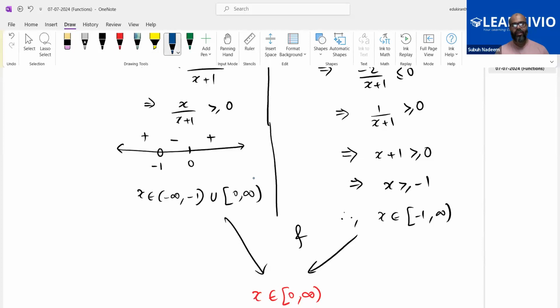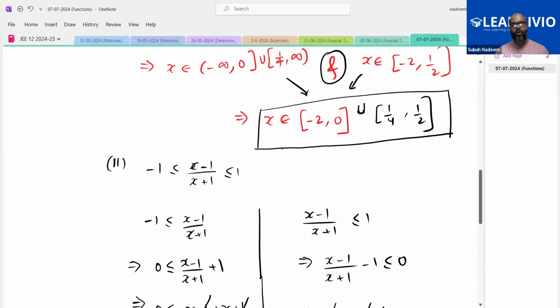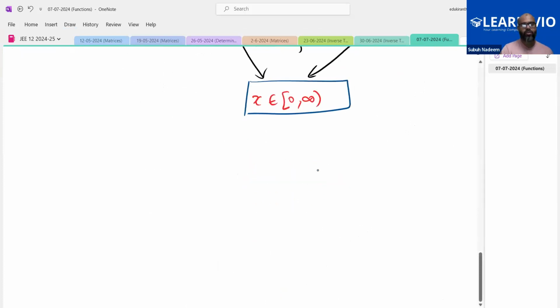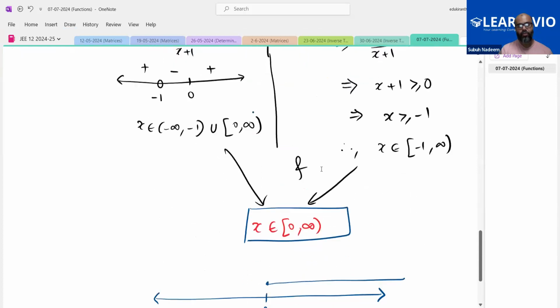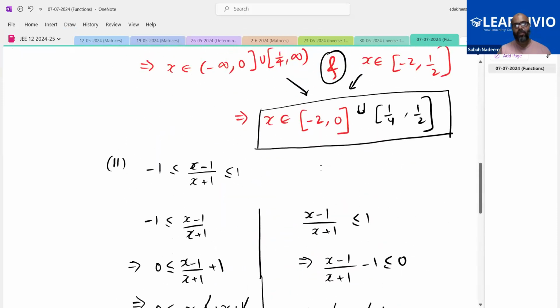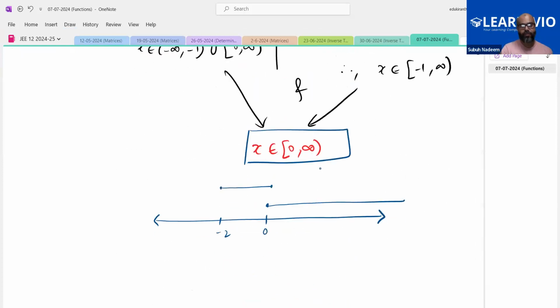So now finally, we want to write the common part of this one and this one. On a number line, you can draw. So if you don't want any confusion, this second one is 0 comma infinity, including 0. And the first one is minus 2 comma 0. Minus 2 and 0 both are included. And 1 by 4 comma half.